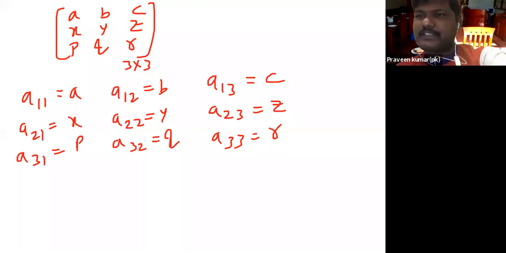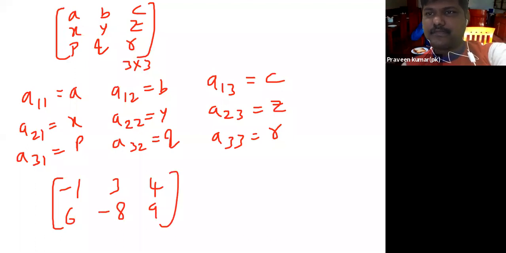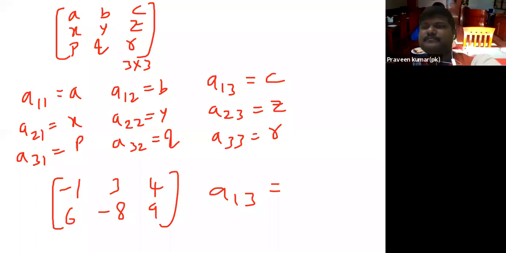Suppose I will give one more example. I'll ask questions carefully. I want only A13. First row, third element, 4. What is A22?